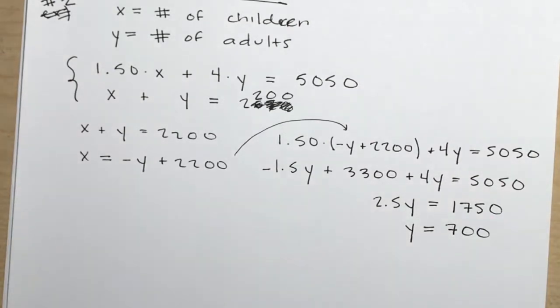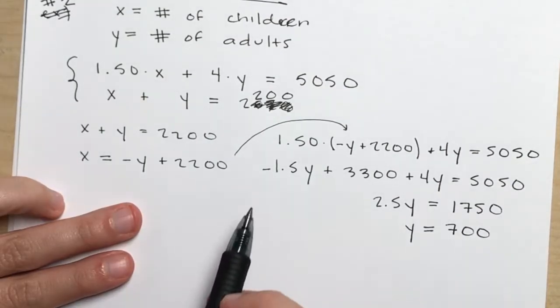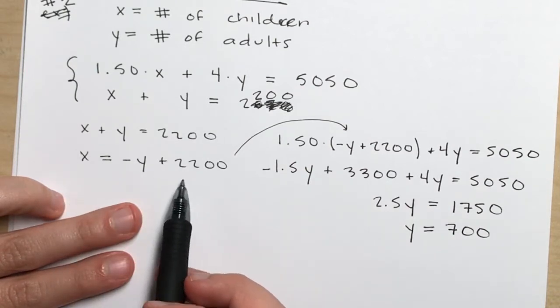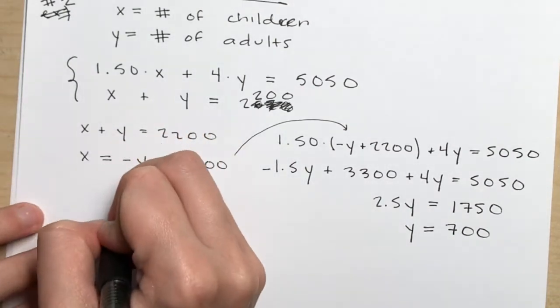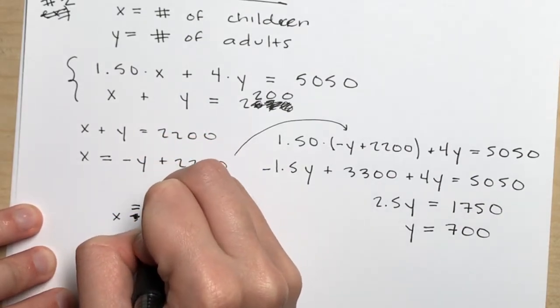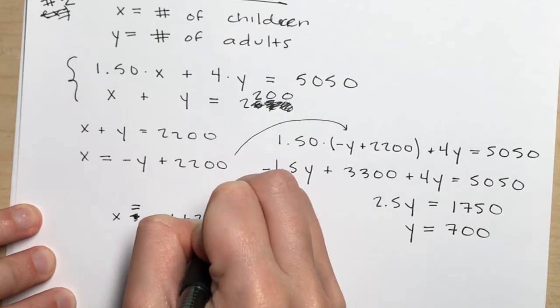Am I done? Nope, we want to use this to find x. We already know what x is in terms of y, so we can just write that here. x equals negative y plus 2,200.